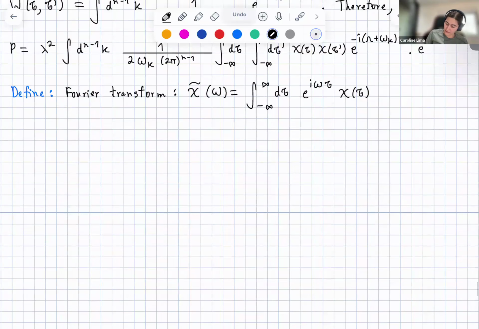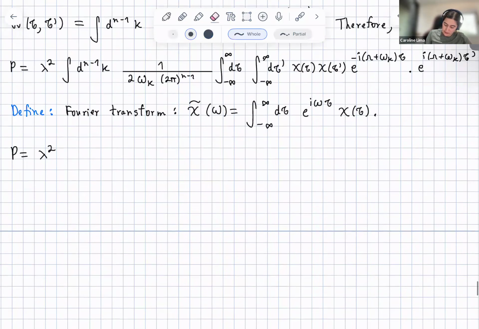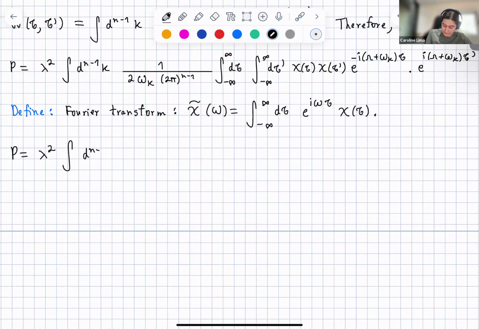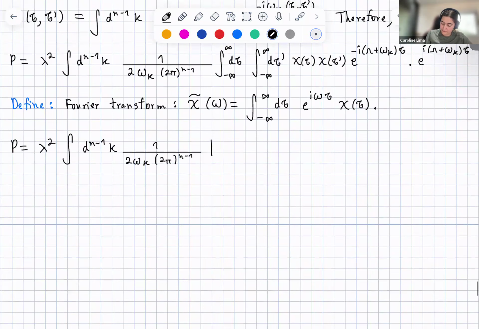then I can use this definition to write this probability as simply lambda squared times the integral over k, which is going to be here 1, 2 omega k, 2 pi, and minus 1, of the norm of chi of omega plus omega k squared.